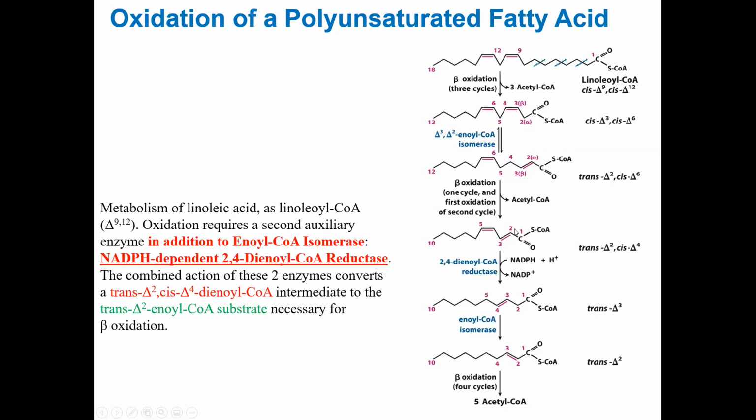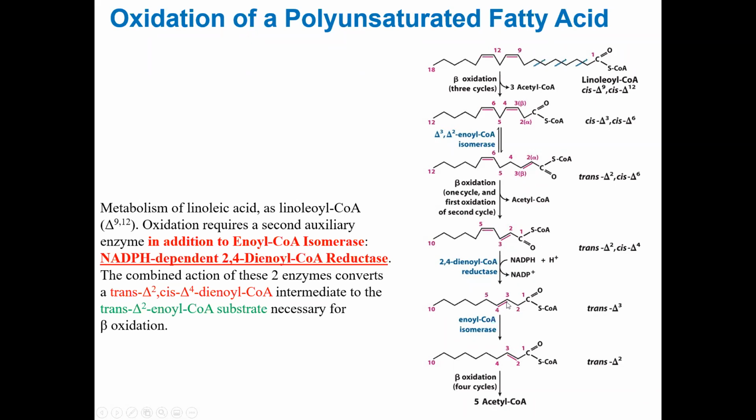So it will be a transfer of a hydride. So you can imagine that, formally speaking, hydride will attack, let's say, either carbon number 2 or 5, right? And you can push the double bond to create the double bond between 3 and 5. And then the other double bond picks up a proton from a general acid. And that's how you will be able to generate enoyl-CoA, trans delta 3.